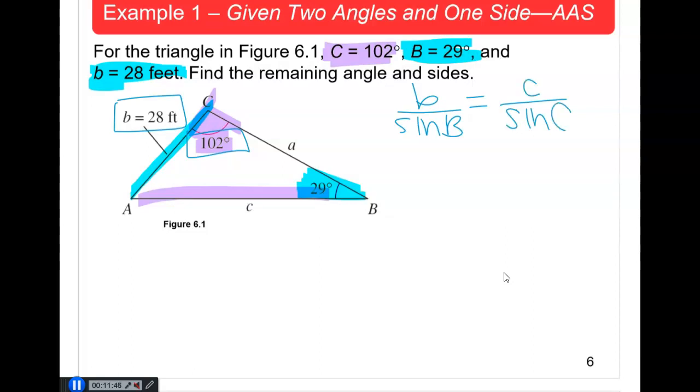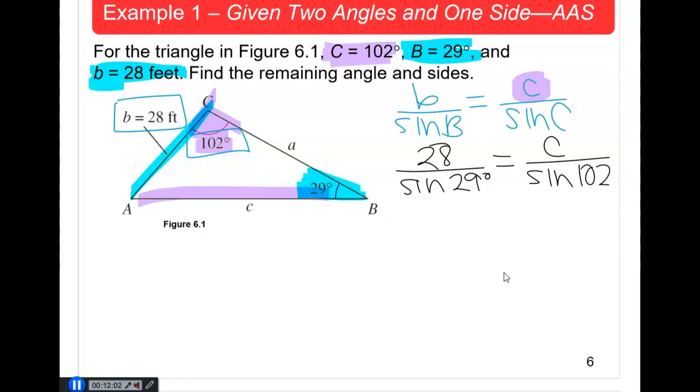So our goal here is going to be to find the side. Now let's go ahead and substitute what we can. So lowercase b is 28, uppercase B is 29 degrees, and we're solving for c, and angle C is 102.